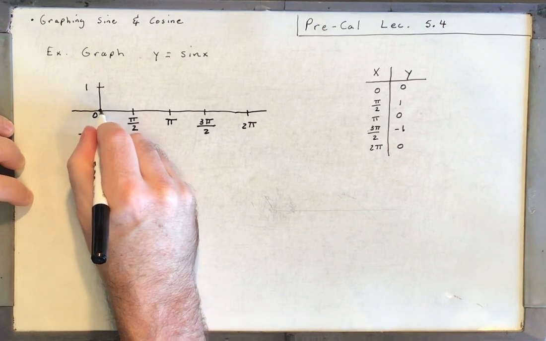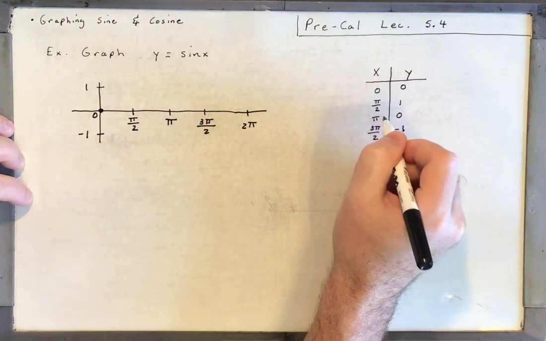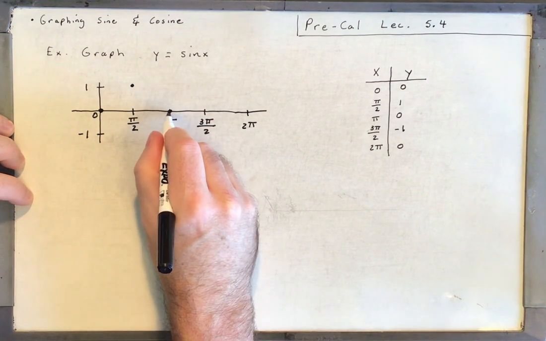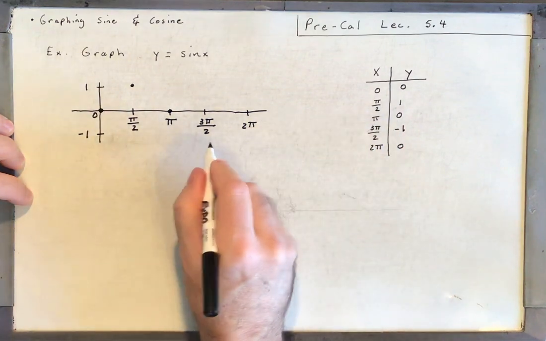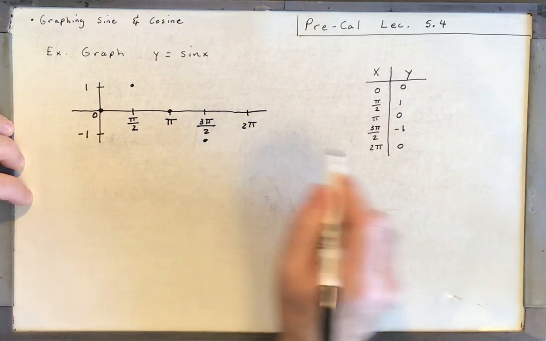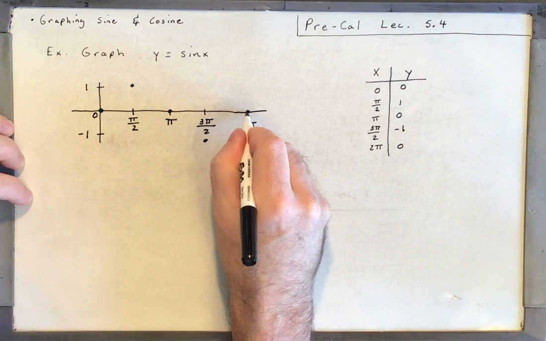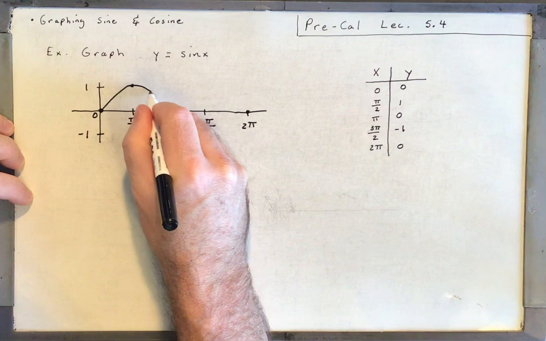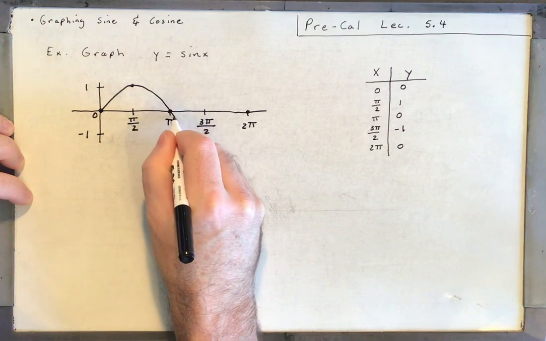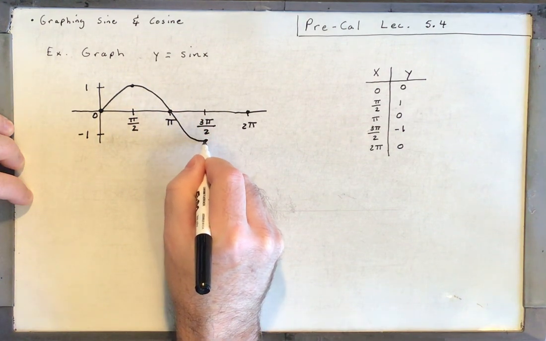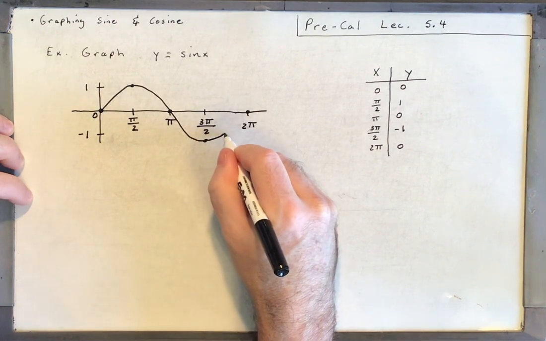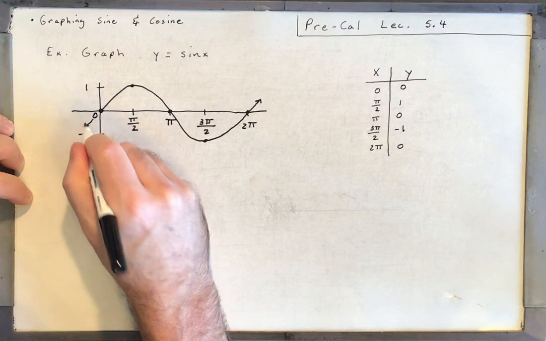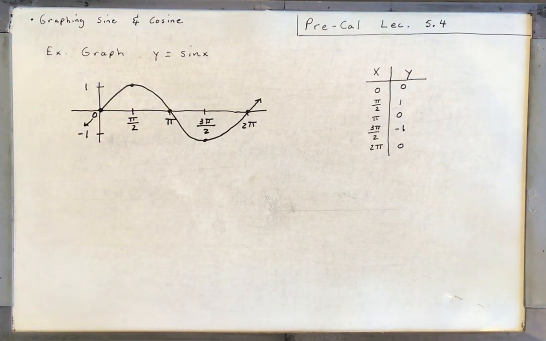So we've got a point at 0, 0, pi over 2, 1. We'll come back to 0 when we hit pi, then -1, and then back to 2 pi. So if we connect these dots, we get this nice, what we call a sine wave. All right, and that goes on forever in both directions.